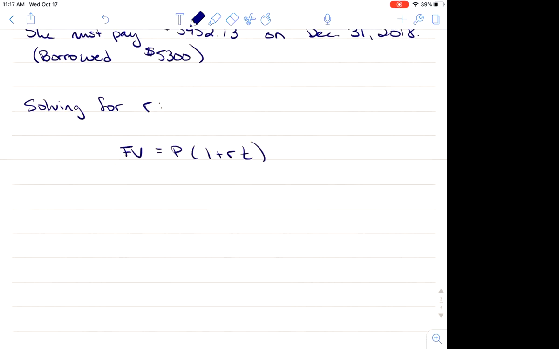You read a question and realize you don't know the rate and it's asking for the interest rate, so you have to solve for R. You have two options. You could just use this base formula that I like to do and just plug stuff in and solve for it later. But if you see that you have to solve for R a bunch of times, it might be easier to solve for R in general and then plug stuff in.